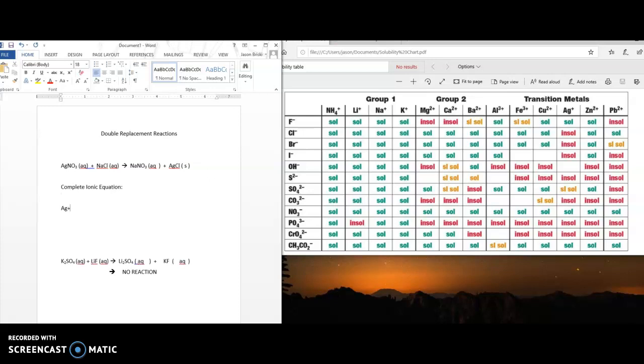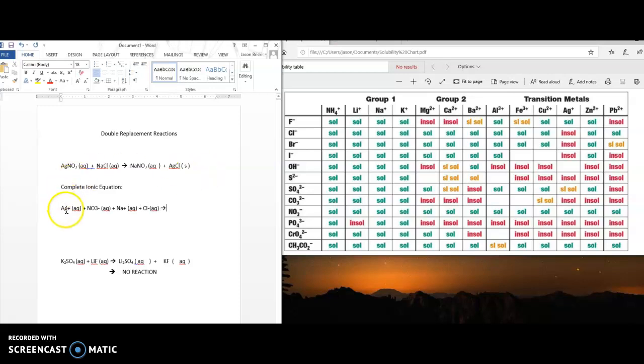So that's Ag+ aqueous plus the nitrate ion, aqueous, plus the sodium ion, aqueous, plus the chloride ion, aqueous, will react.